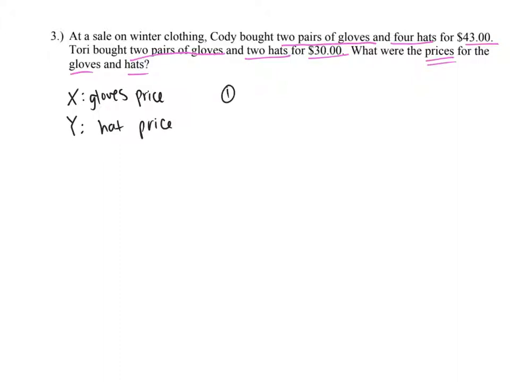And then I would have to make 2 equations, and I can represent each equation by the person who's shopping. So Cody here bought 2 pairs of gloves and 4 hats. Well, that would just be 2 times the price of gloves and 4 times the price of hats, giving a total of $43. That's just saying 2x plus 4y is equal to 43.